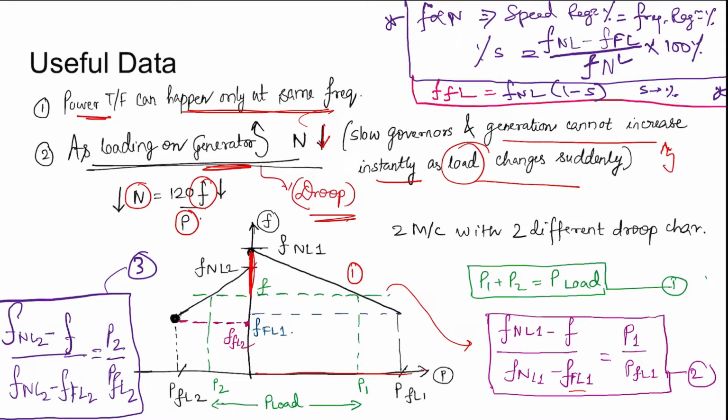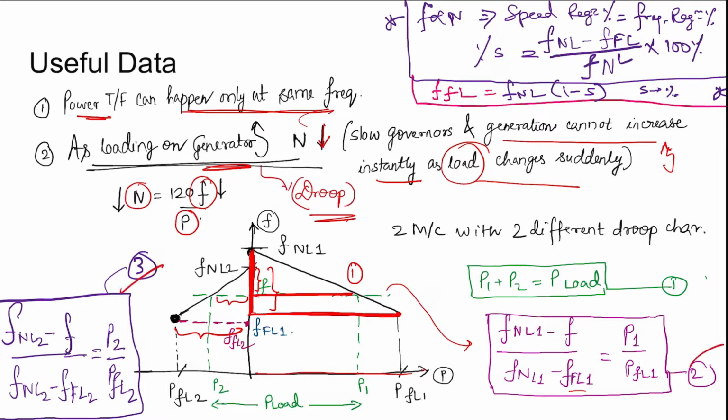What we are trying to say is that this by this triangle is the same as this by this. Similarly, for machine 2, this small length by this is equal to this by this. So the same by the similar triangle concept.